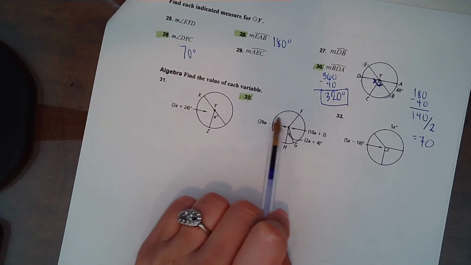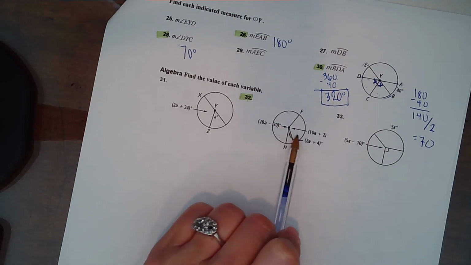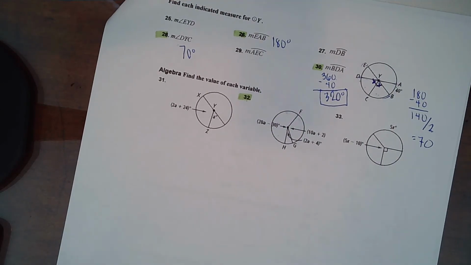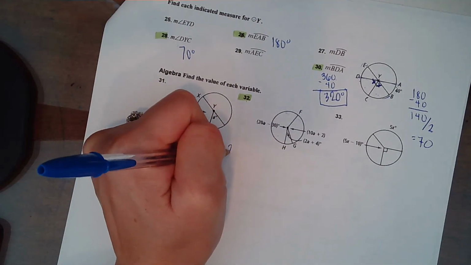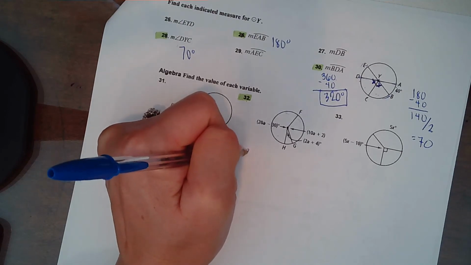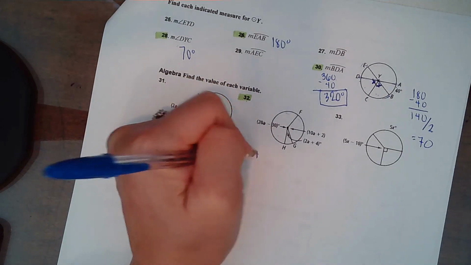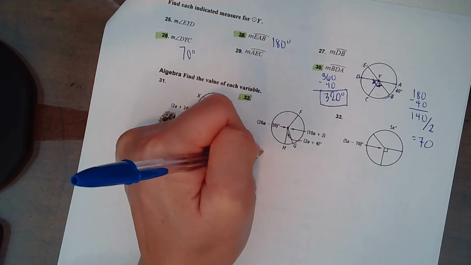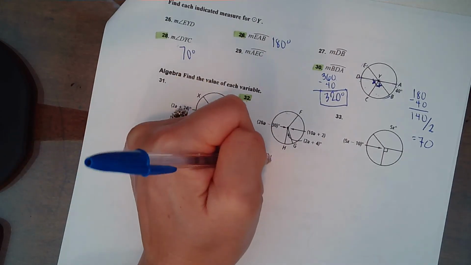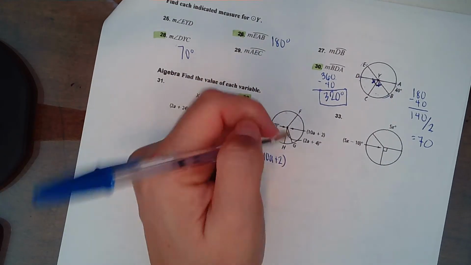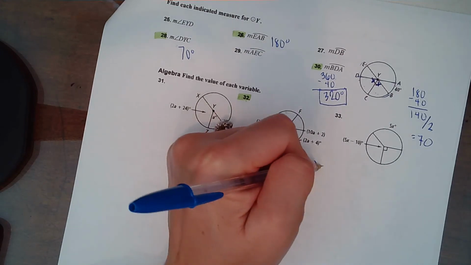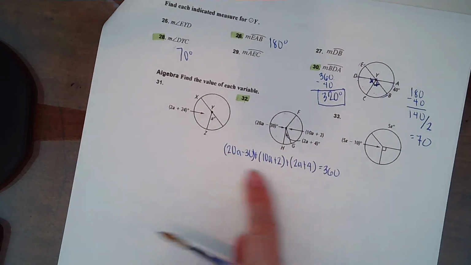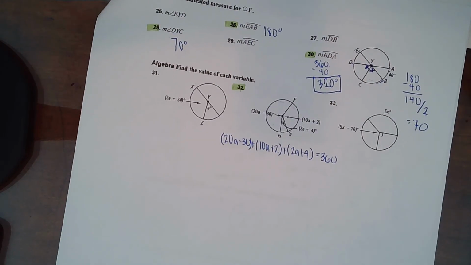Well, they give us this part of the circle, this part of the circle, and this part of the circle. They give us the whole circle, which we know a whole circle is equal to 360 degrees. So if I went ahead and did 20a minus 30 plus, I'll put them in parentheses, 10a plus 2 plus 2a plus 4, and set it all equal to 360, I could go ahead and solve.